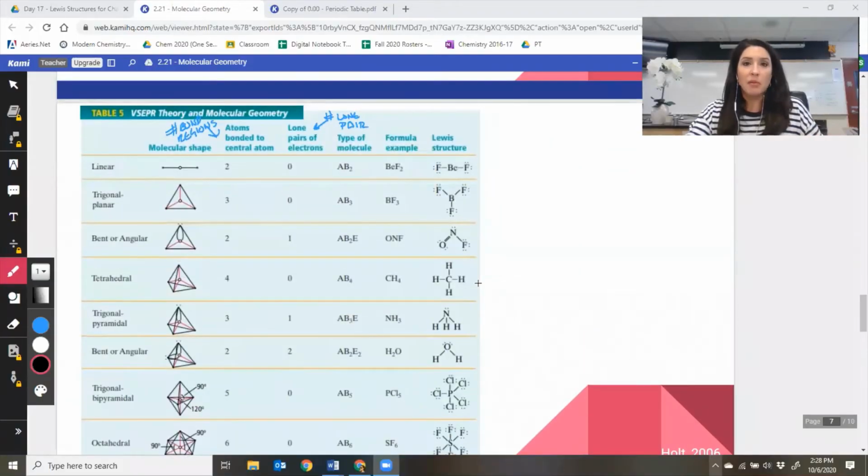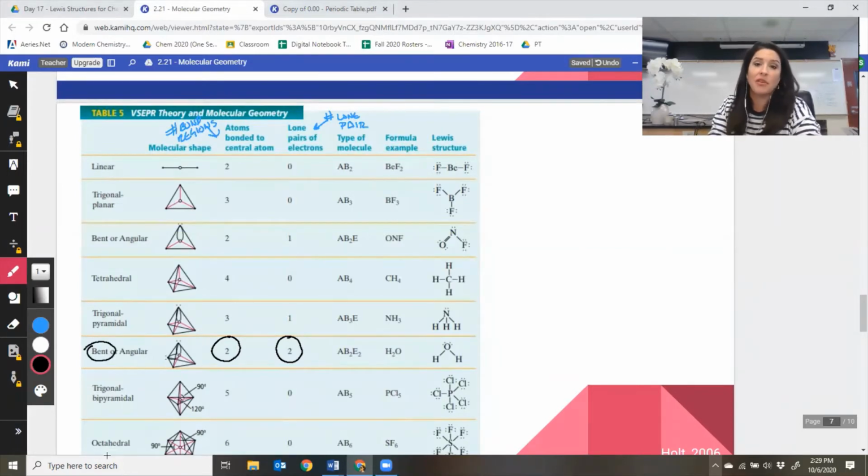Now we'll look at the table and we'll confirm that that is indeed the case for water. So we saw that water had 2 regions where the atom was next to a bond, and 2 regions where that central atom, oxygen, was next to a lone pair of electrons. So 2 bonding regions, 2 lone pair regions corresponds to a bent shape.